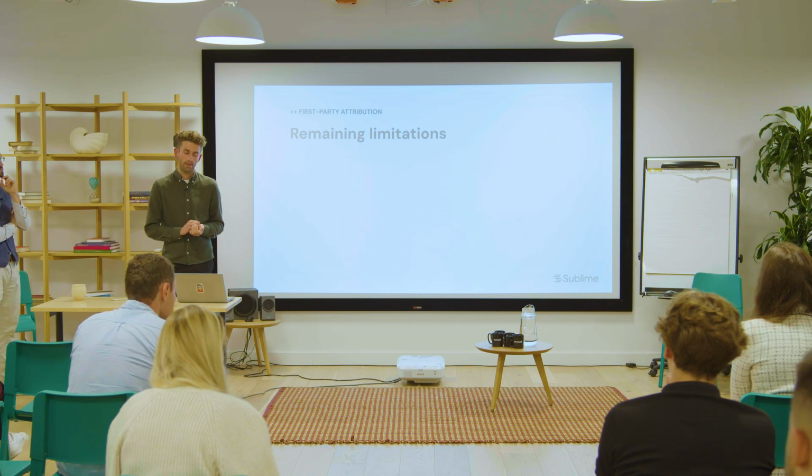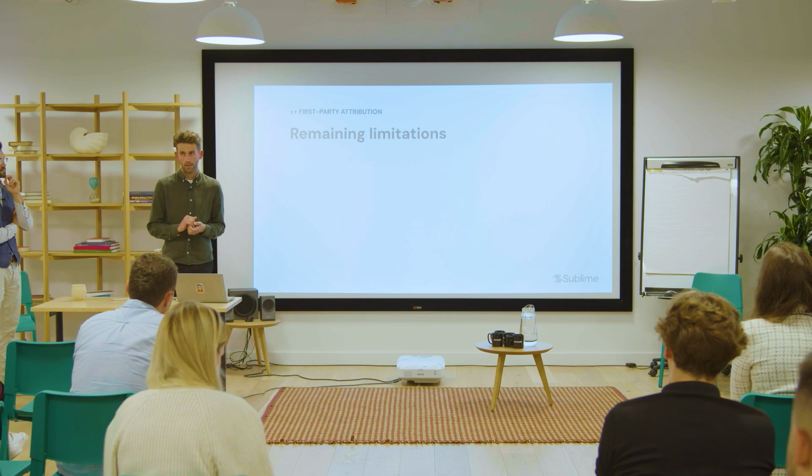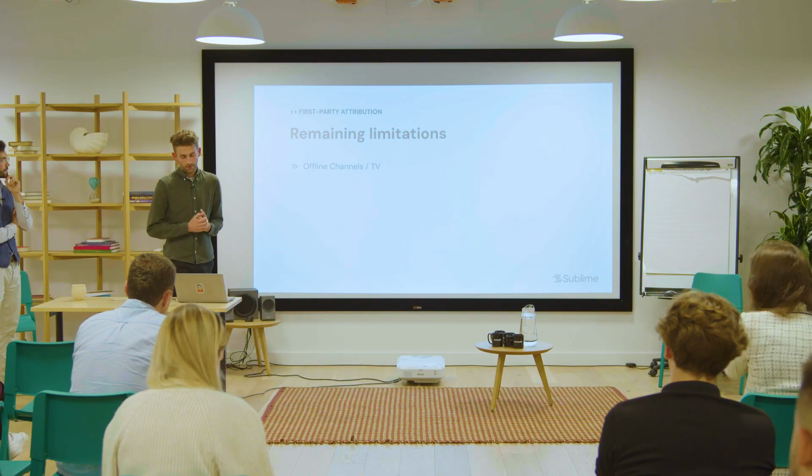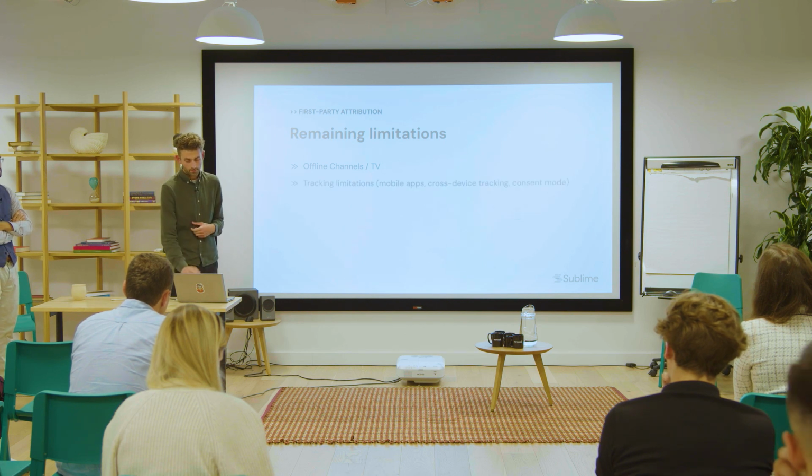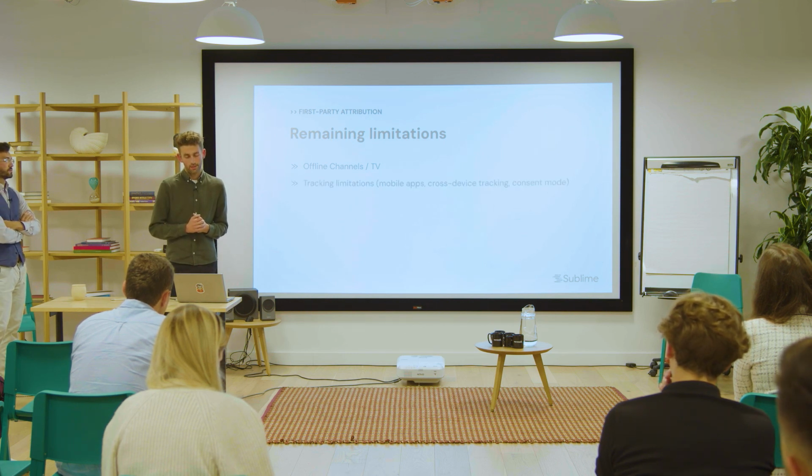But this doesn't mean that first-party attribution is perfect, and it still has some important limitations. The first one is that it's pretty much impossible to include offline channels such as TV into this mix. It still suffers from tracking limitations and problems with cookies, especially for mobile apps and cross-device tracking.